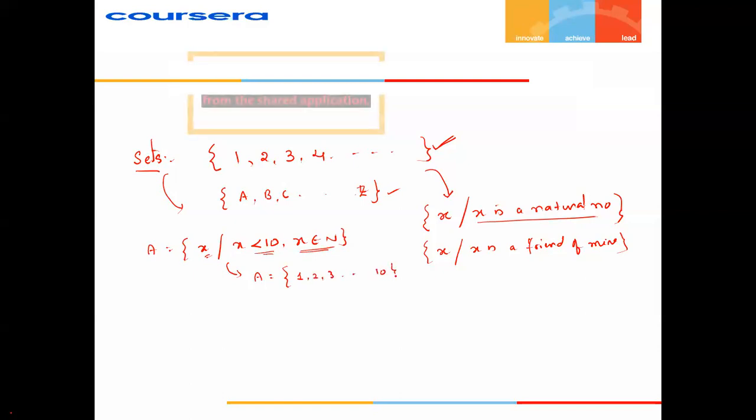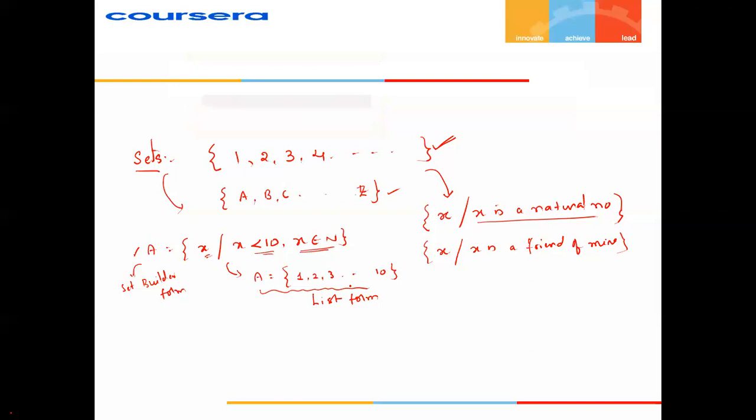Or vice versa. This is called the set builder form, that is the set construction form, showing how the set is constructed. And this is the list form, where we list out all the elements in the set. This is nothing new; if you recollect your school math, this is what we discussed most of the time.